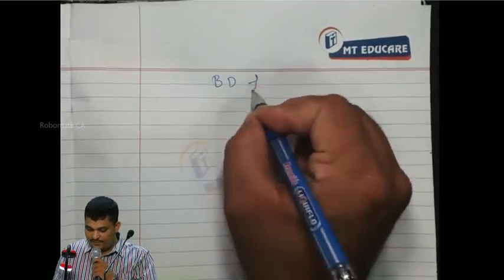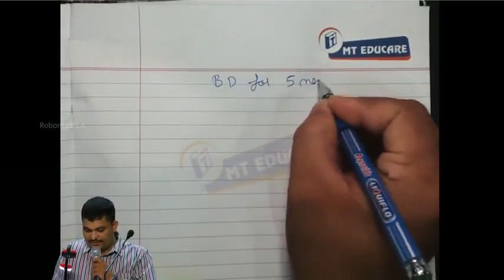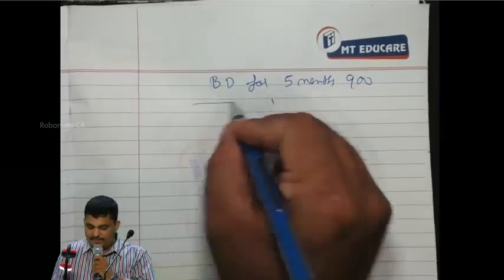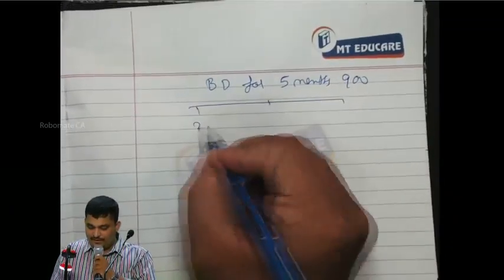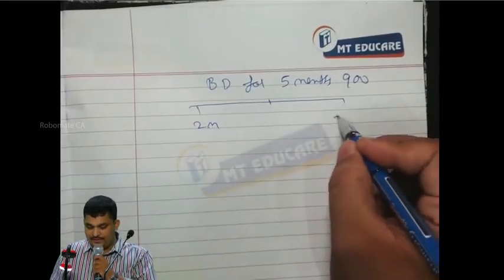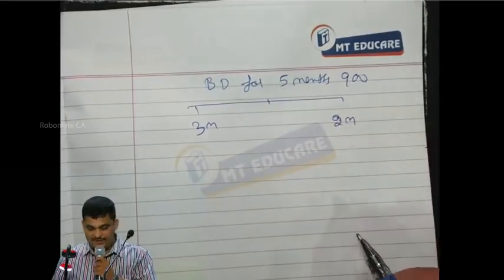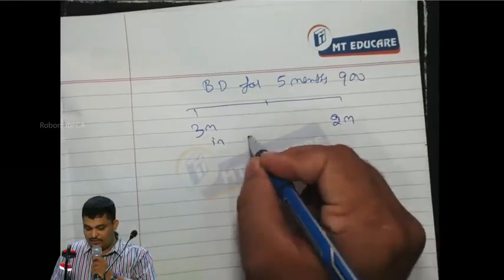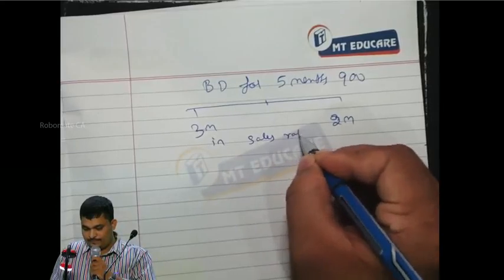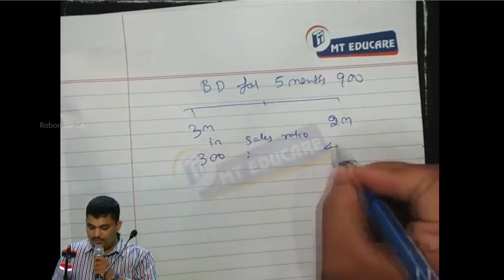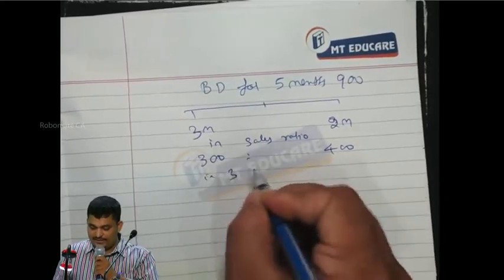Bad debts for 5 months, it is 900, which we are splitting for 3 months and 2 months, everybody, in sales ratio, which is 300 is to 400, that is 3:4.